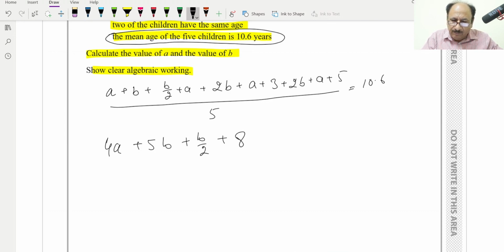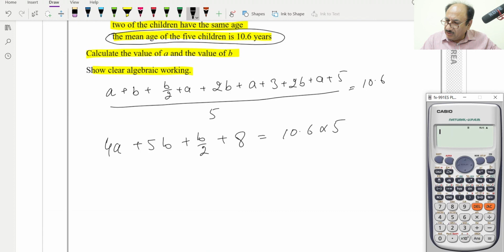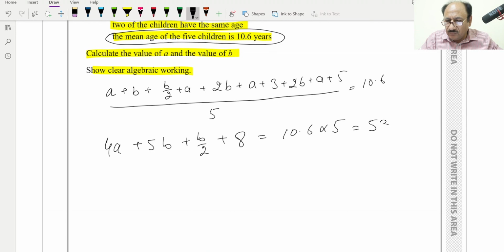This denominator 5 we can shift to the other side. So it will be equal to 10.6 multiplied by 5, and 10.6 multiplied by 5 is equal to 53. So we can write it equal to 53.